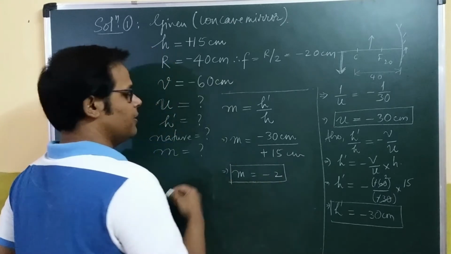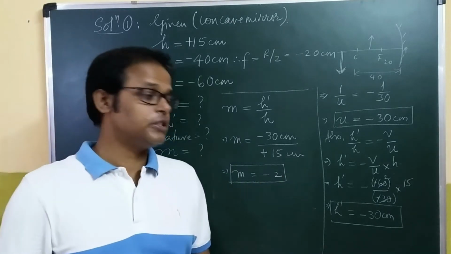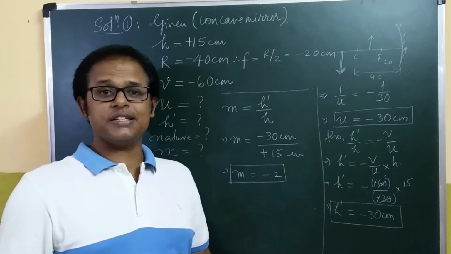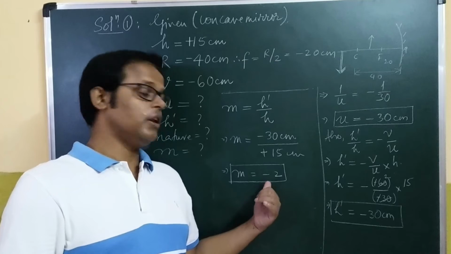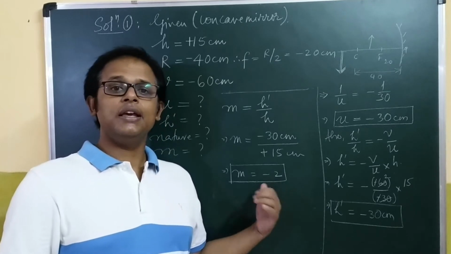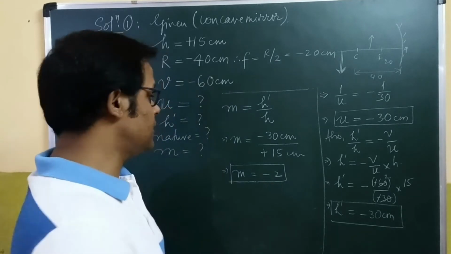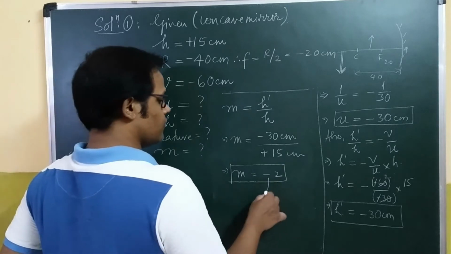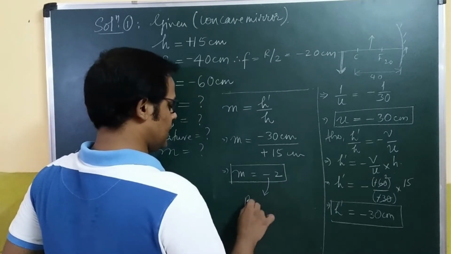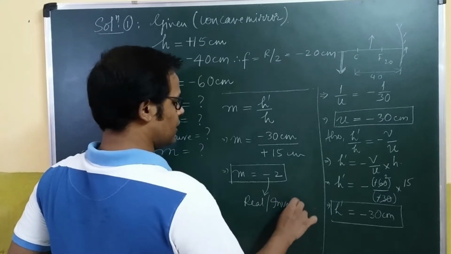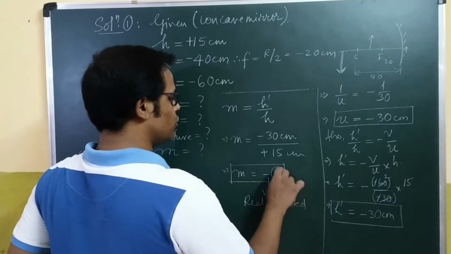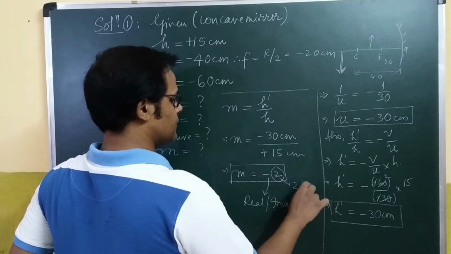This is very, very important. You can see magnification doesn't carry any units because the units are getting cancelled off, and you're left with a number with a sign. In this case the sign is minus, and this minus indicates a lot of things. This minus indicates the image is real and inverted and 2 times magnified.